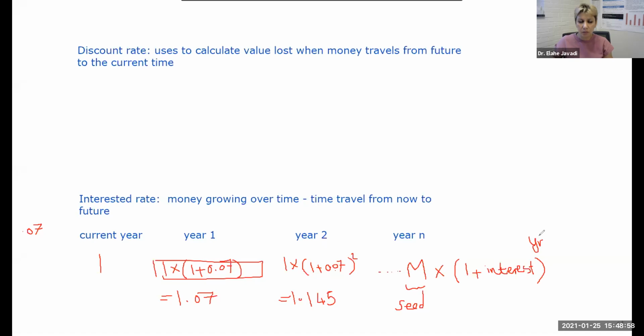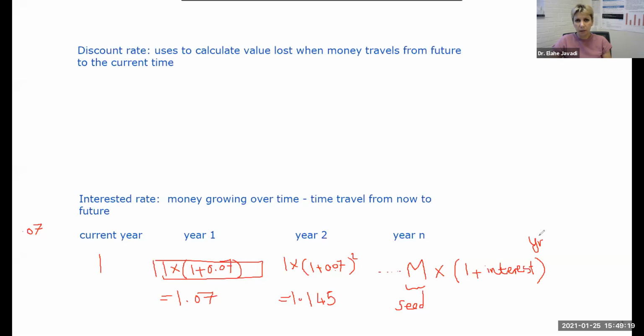So in year 3, the value of your money will be $1 times 1.07 raised to the power of 3, and so on. So this is how your money grows.